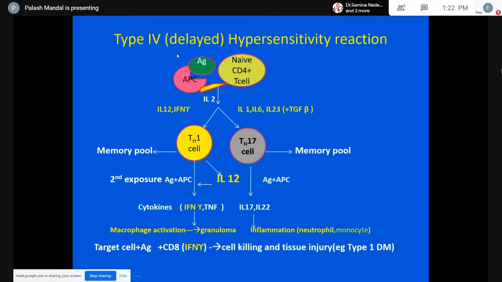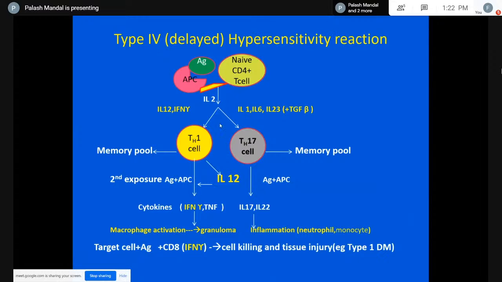Now, what happens is that interleukin 2 leads to the transformation of a naive CD4 T cell into a Th1 cell and a Th17 cell. These Th1 and Th17 are again subsets of CD4 cells.